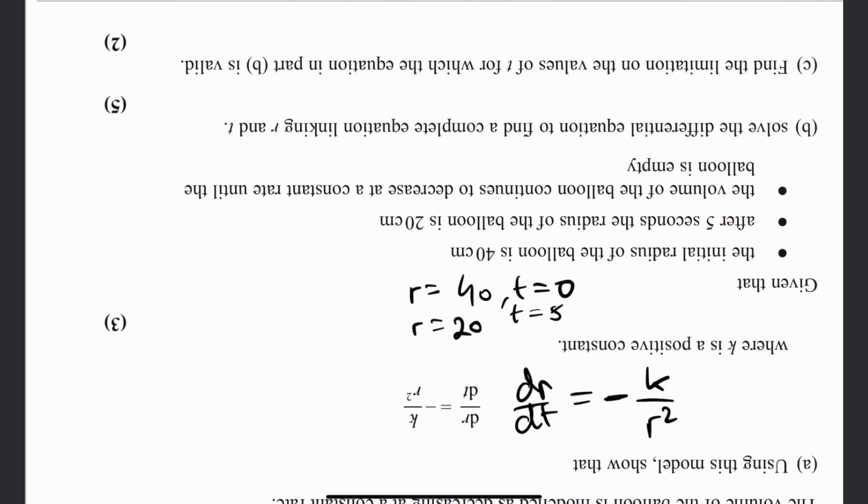The volume of the balloon continues to decrease at a constant rate until the balloon is empty. Solve the differential equation to find a complete equation linking r and t.